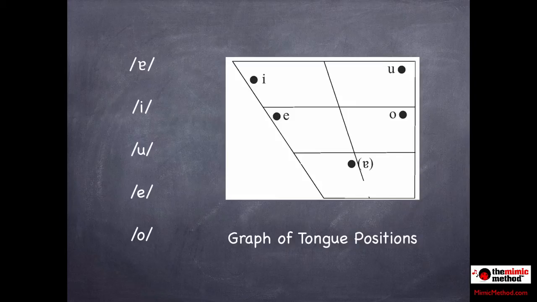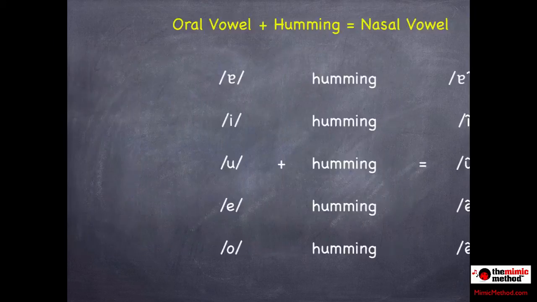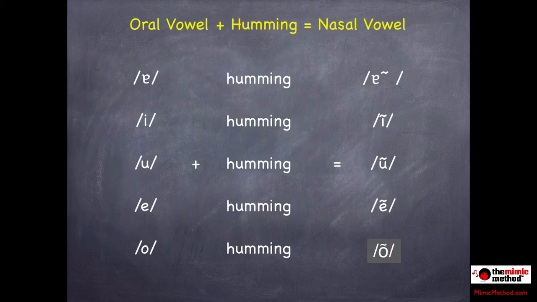But since we don't have tongues in our noses, and we can't do anything shy of plastic surgery to change the shape of your nasal cavity, the sound created by air resonating in the nasal cavity is going to sound the same all the time, like this, which one might think of as a humming sound. So from a perception standpoint, a nasal vowel just sounds like an oral vowel with some humming on top of it. Let's take those same 5 vowel sounds from before and add humming on top of it.